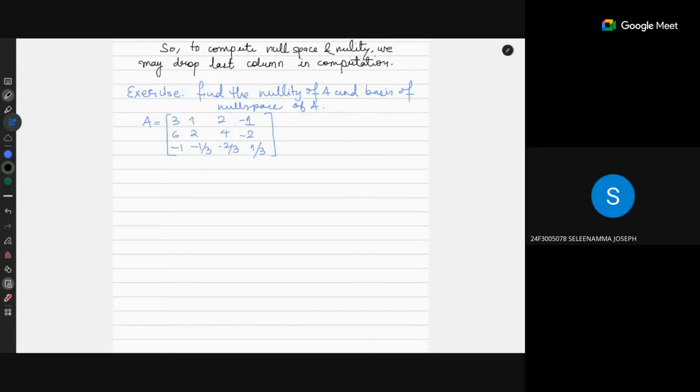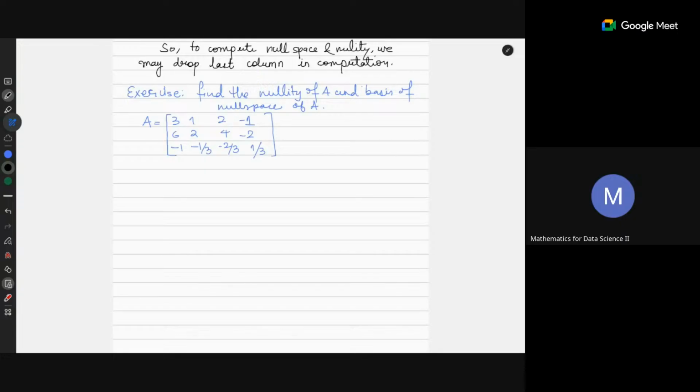So what is rank? Rank is the dimension of row space, or the dimension of column space, because rank is nothing but row rank or column rank. They are the same. Row rank is the dimension of row space. Nullity is the dimension of null space.